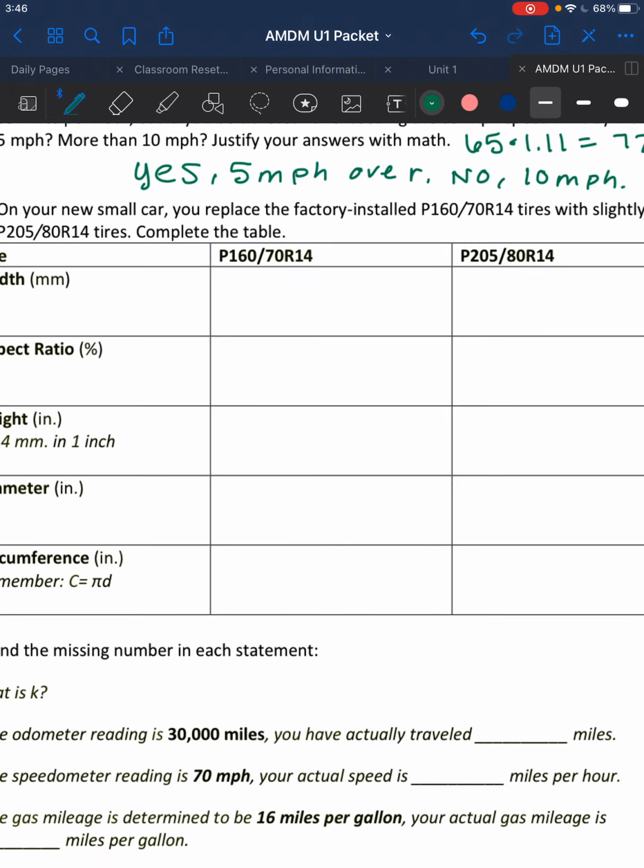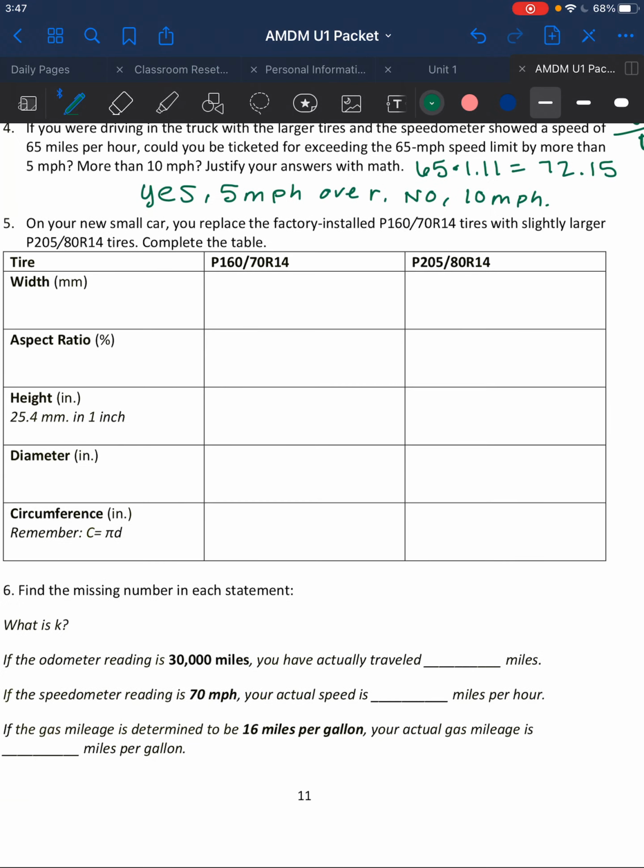Okay, so we're going to do this again with a different set of tires. I have a width of 160 millimeters. My ratio is 70%. My height is h over 160 equals 0.70, and I need to solve for h. So h in millimeters is 112.